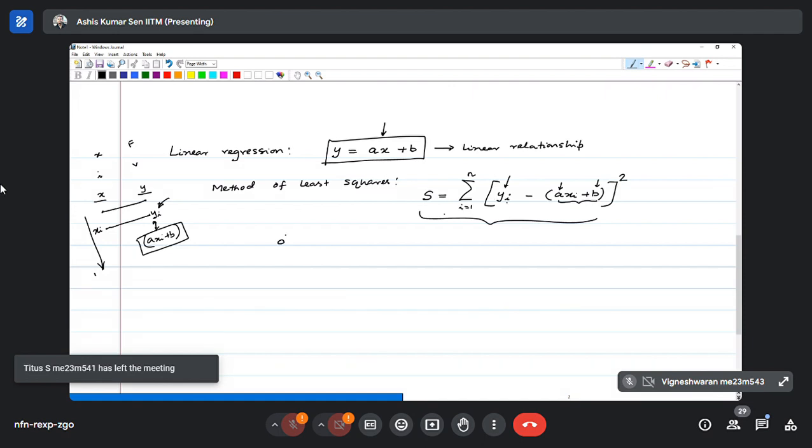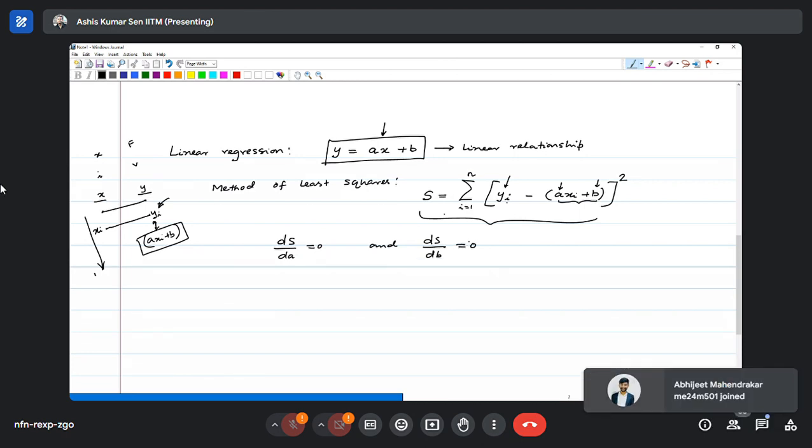So for that, you have to write ds over da is 0 and ds over db equal to 0. So basically, you are finding the derivative of S with respect to a and another with respect to b and equating that to 0.